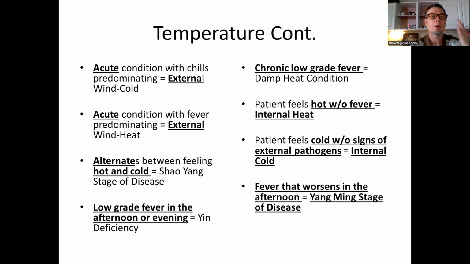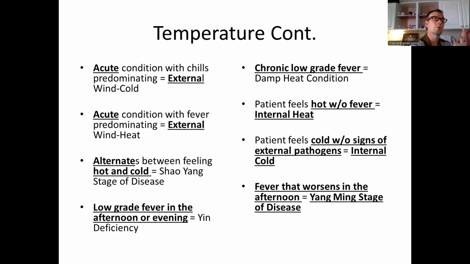A lot of times when you have these really big fevers, it's not going to be yin. It's going to be more of a Yang Ming kind of disease, something that's not been around for a long time.